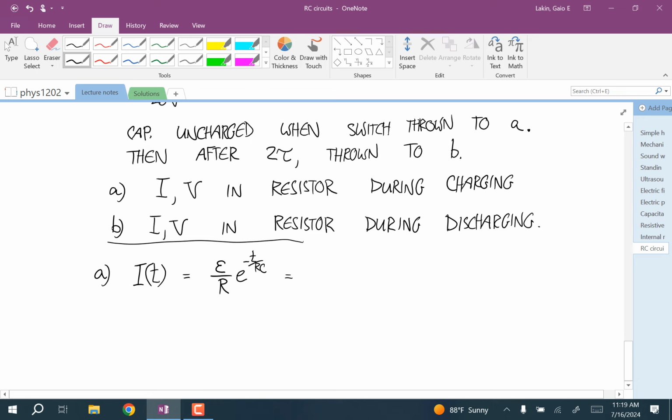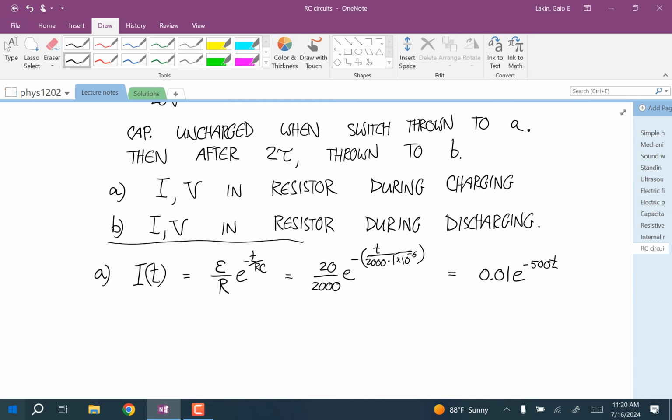And if I put these values in, we get 20 over 2,000 times e to the negative power of t over the resistance times the capacitance, and this comes out to be 0.01 e to the negative 500 t. Okay, so that is the current in the capacitor.